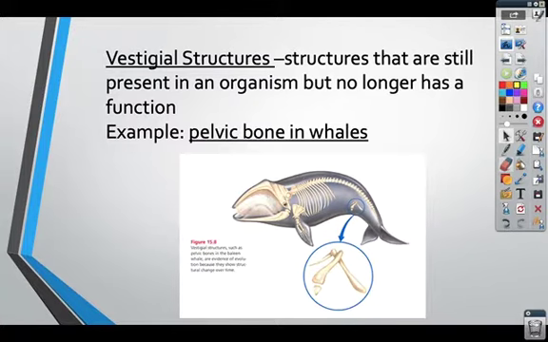And there is evidence that whales were related to some land-dwelling animals similar to horses. Some snakes also have these pelvic bones, even though they do not have limbs, but they may have these bones present.